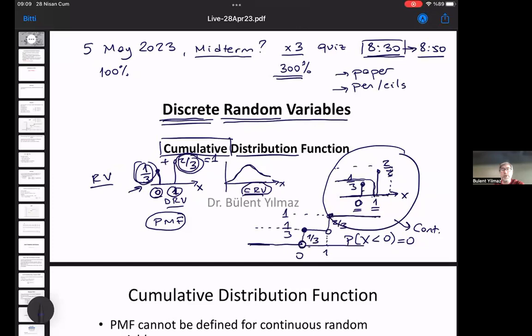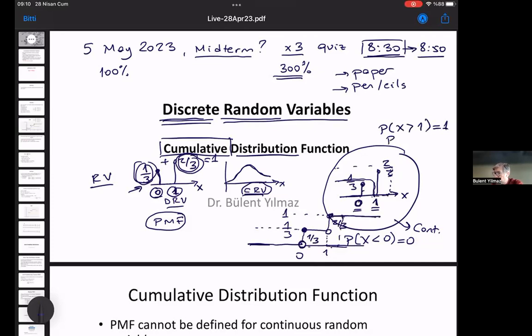If I ask what's the probability of obtaining a number which is greater than 1, all the numbers are 0 or 1, so the probability will be 1. I'm going to come to the cumulative distribution function and say, if it is greater than 1, it is always 1 like that.